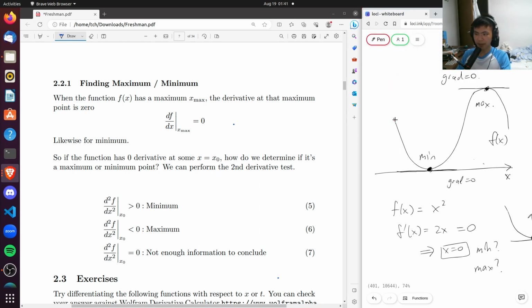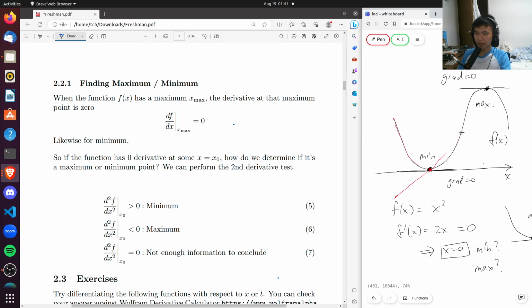You can see that at this point the derivative is negative, so it's gonna start off negative. Then the derivative is slowly increasing, becoming less and less negative, and at the minimum point it is 0. Then the gradient is increasing again.